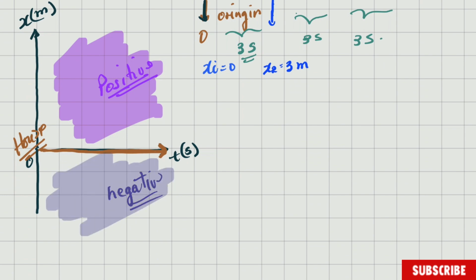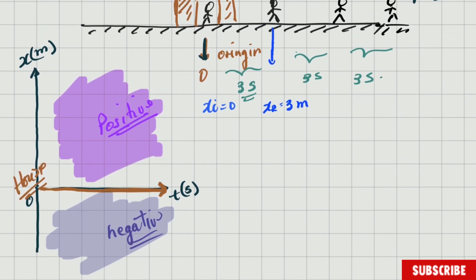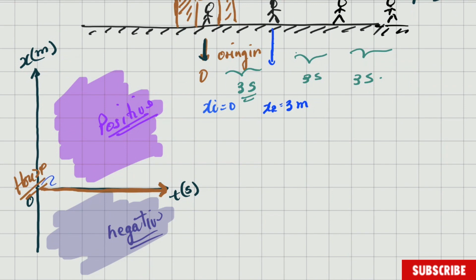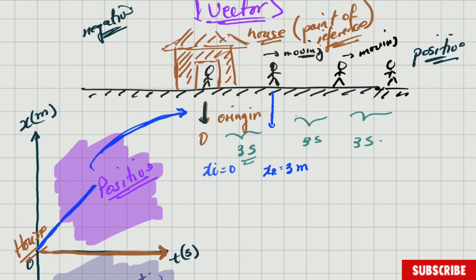When the object is moving away from the house, as in the example we're looking at here, there will be a line moving away from the x-axis. That is all that happens. This is the graph. In this case, it's that person moving away from the house, which is the reference point. The reference point is always a different point, so it depends on what question we are solving. Now, in this case, the object is having a uniform motion.